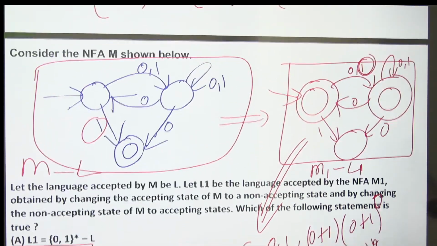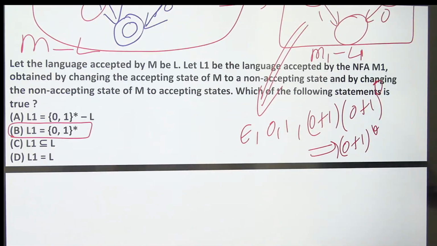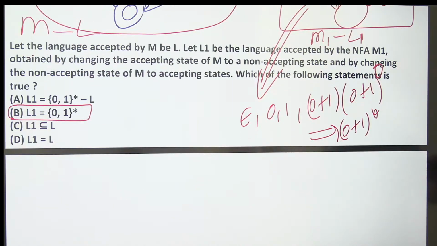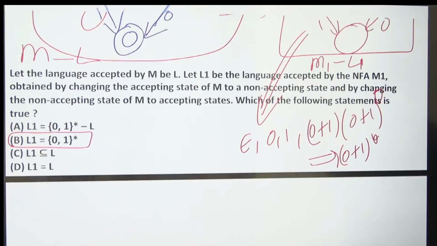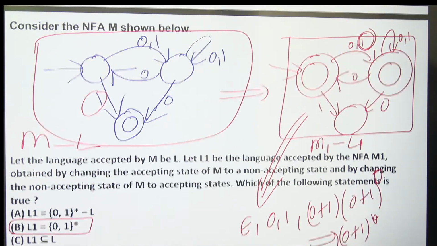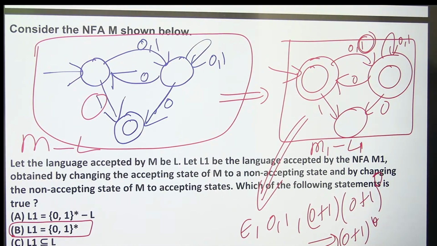Remember, L1 is everything. B is the answer. If you say L1 is sigma star minus L, it means nothing should be common. No, something is common also. If you want, I will say one more string.